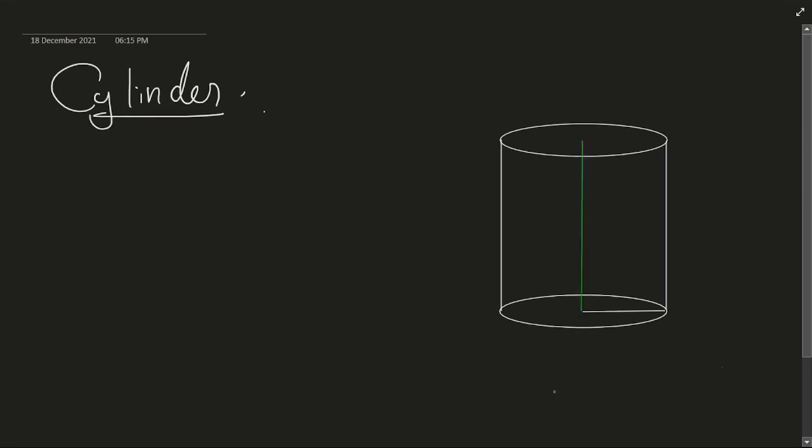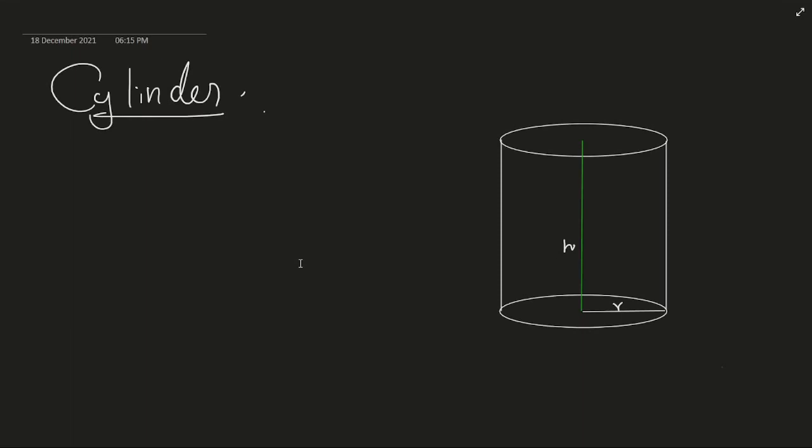Got it? This will be the height of the cylinder. So what all things does a cylinder have? The radius and the height. That's it. If I want to find the total surface area, suppose, can you see this paper? It's a rectangular shape.